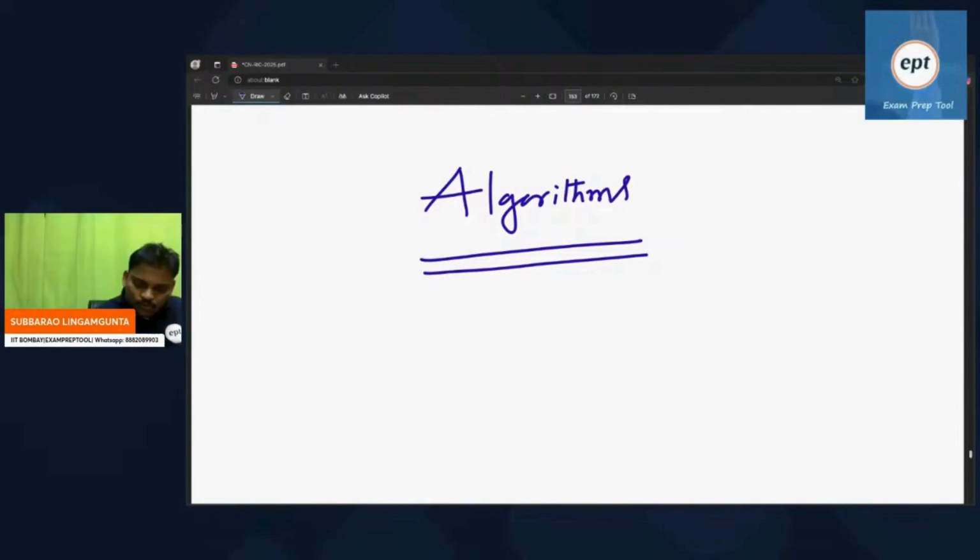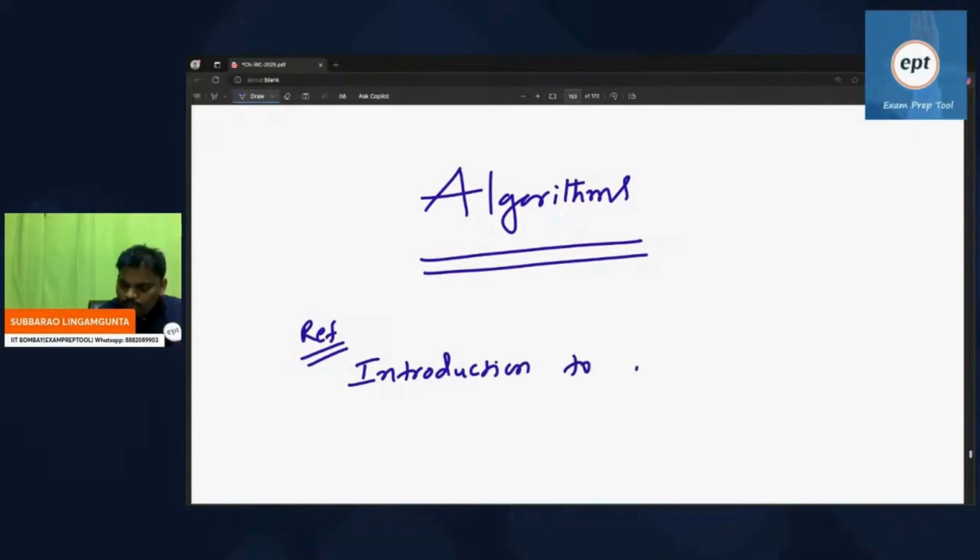Right. So the reference book which you can refer to at any point of time, if you have doubt, is Introduction to Algorithms by Cormen. Go for the recent edition.